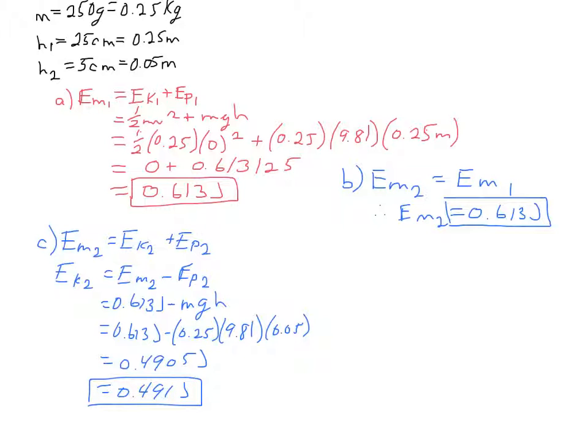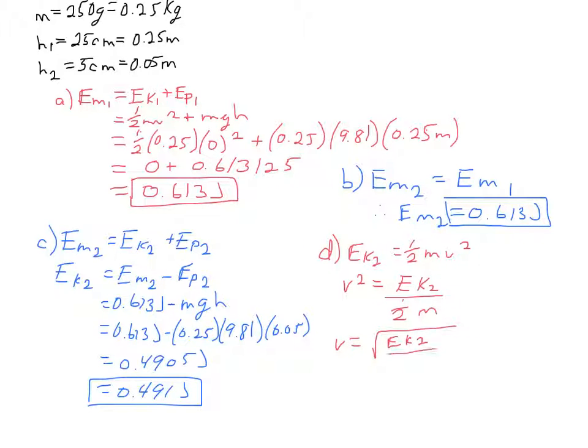Our last question here is asking for speed. We can get our speed by looking at our kinetic energy, because that's equal to half mv squared, and we can rearrange this to solve for speed. If we arrange this, we have v squared equal to EK2 over half m, and then v is going to be equal to the square root of EK2 divided by half m.